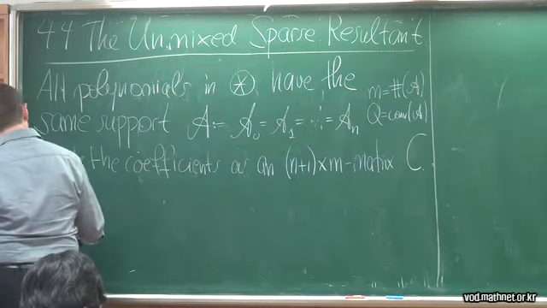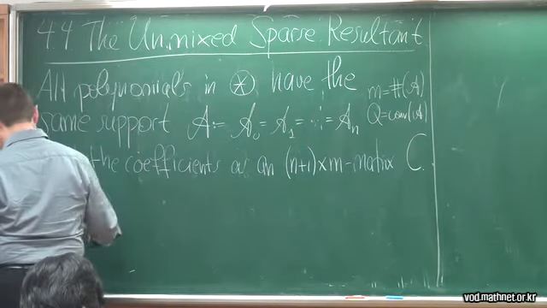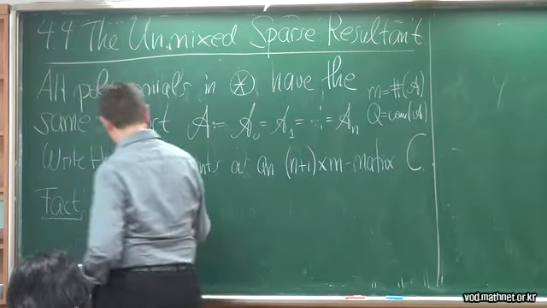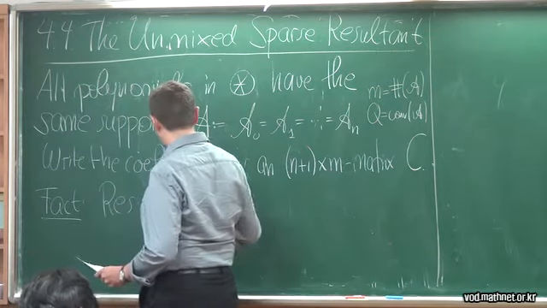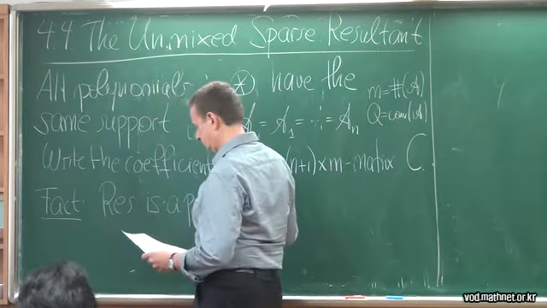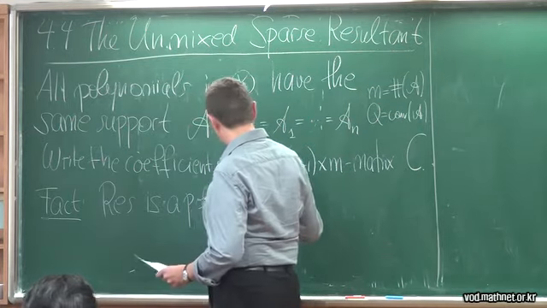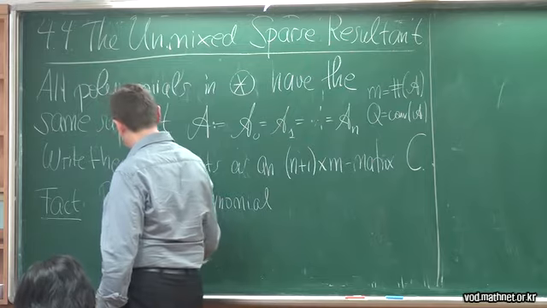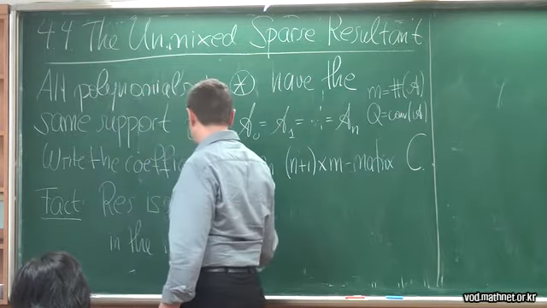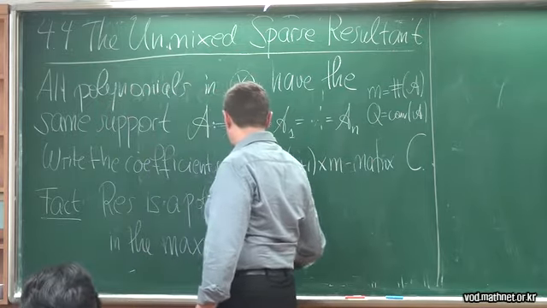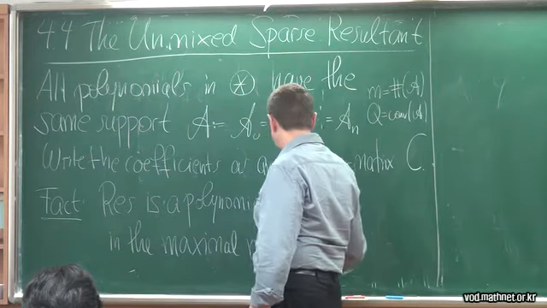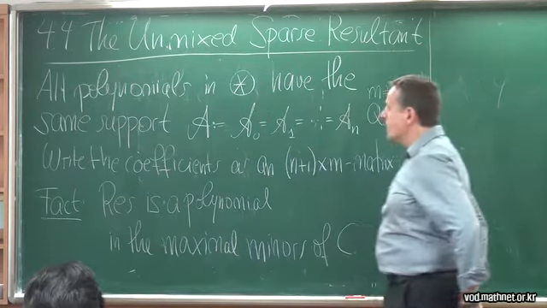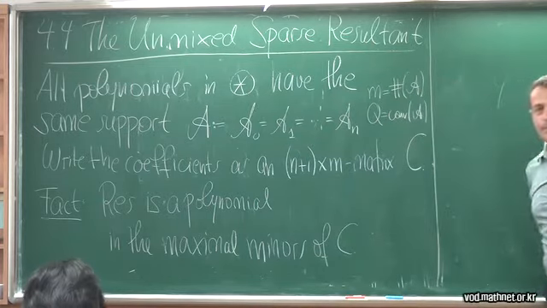So here's a fact. The resultant is a polynomial in the maximal minors of C. Okay. So by the maximal minors, I mean the n+1.